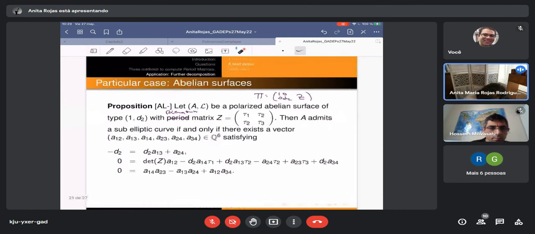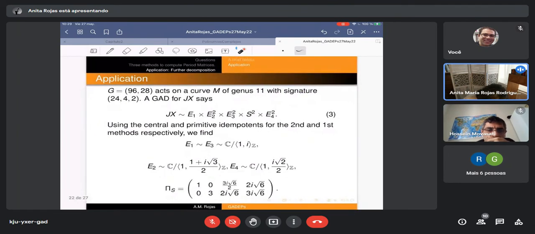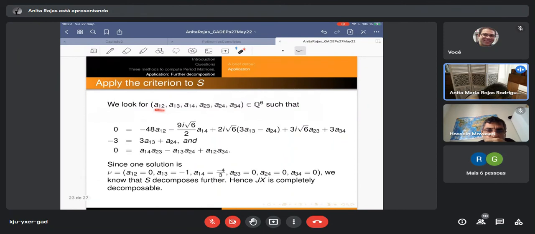So we're going to use this proposition, this result, to study if this decomposes further. That cannot be done without having the Riemann matrix. So we are looking for a rational vector satisfying this system of equations, and it turns out that it has a solution.